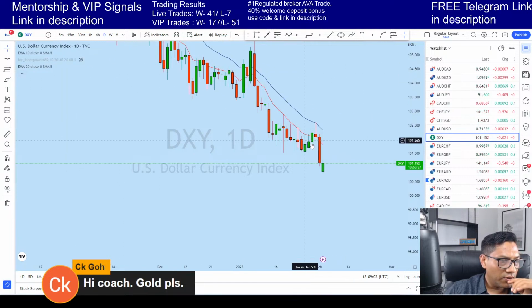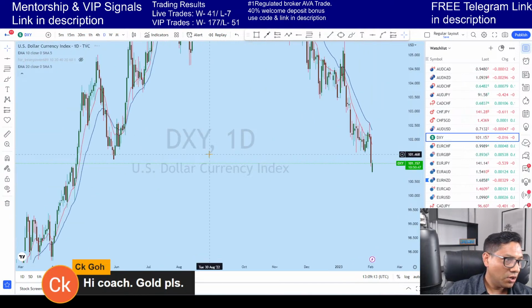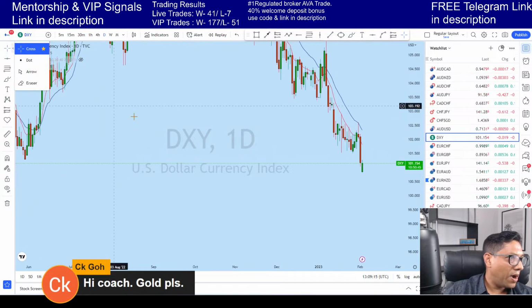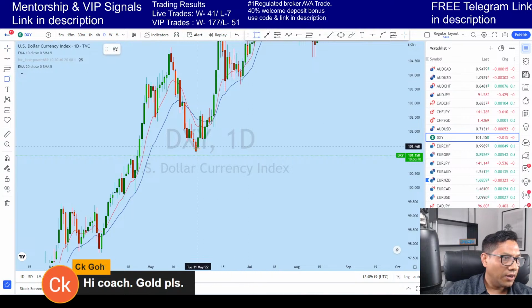We see sell here. Okay, so what I think is that DXY is going to be a reversal, probably high probability, because normally if you look at the past, this is the daily chart, as you can see, and this is a daily chart.